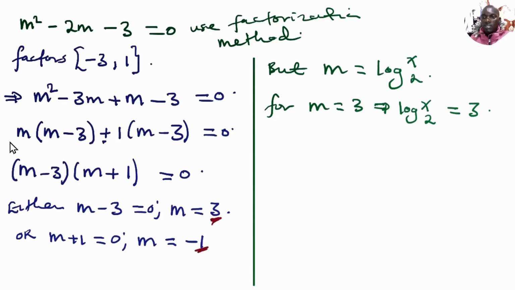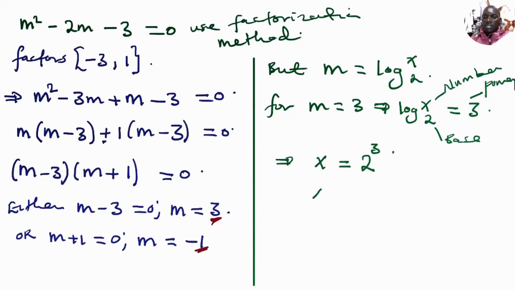Remember, this 3 is the power, this is the base, and this is the number. So x equals the base 2 raised to power 3, meaning x equals 2 multiplied by 2 multiplied by 2, implying that x equals 8. This is our first answer, but we have to proceed.